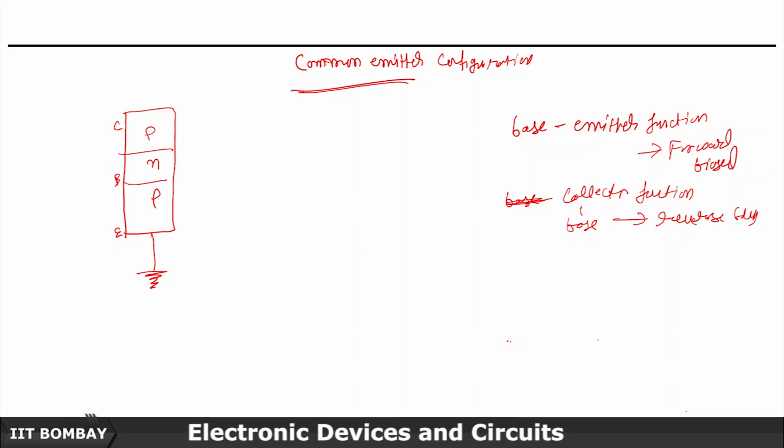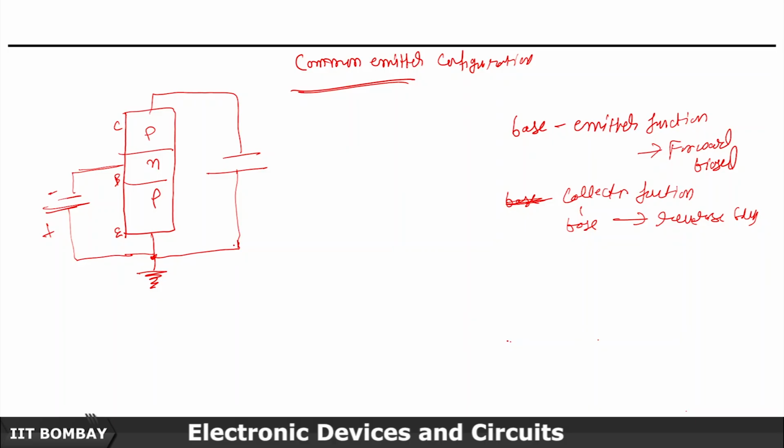So let us see what happens. The base is here, and the base-to-emitter junction is forward biased. So this has to be connected to a negative terminal, and since the collector junction has to be reverse biased, this will be connected with the negative terminal, and this is already connected to the base.